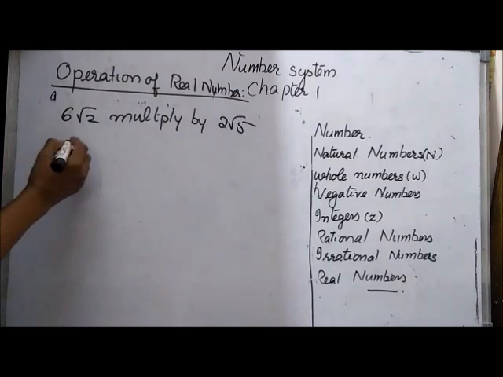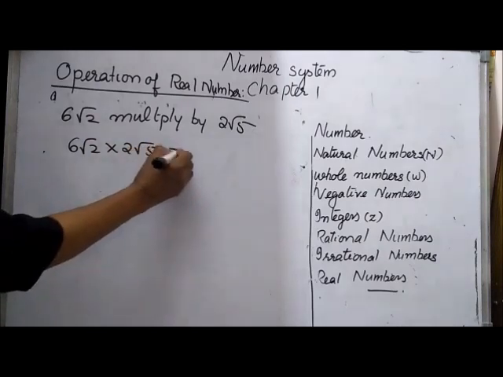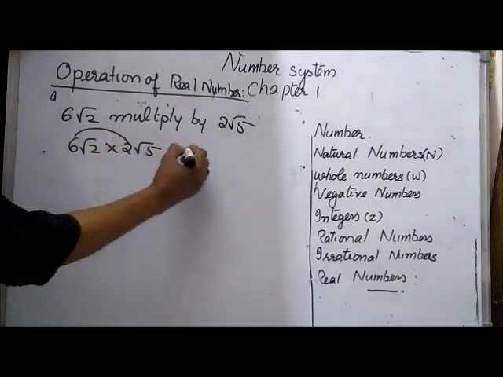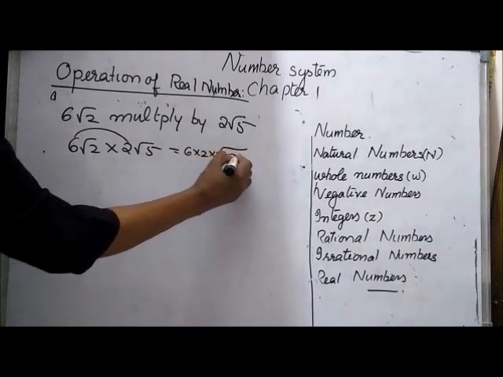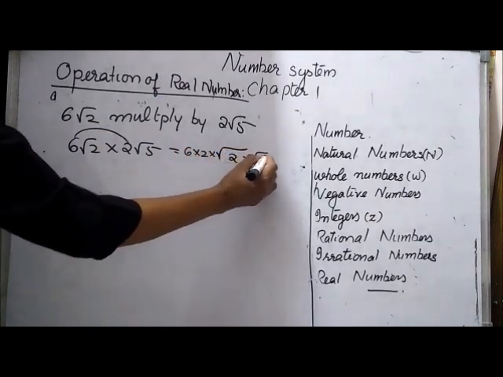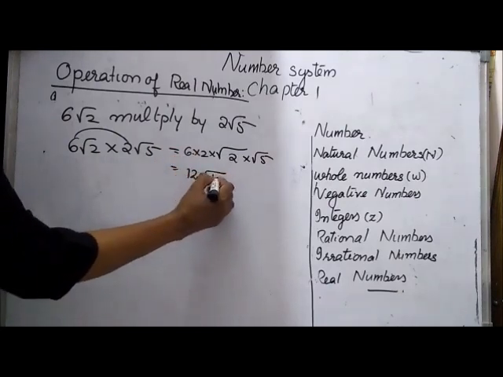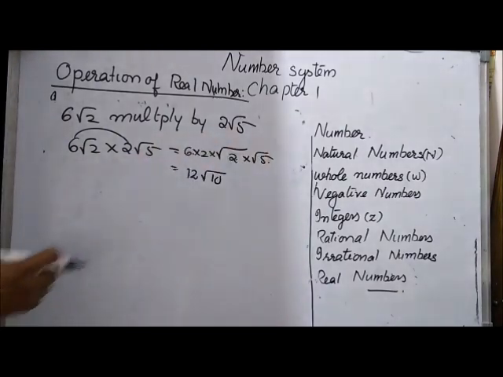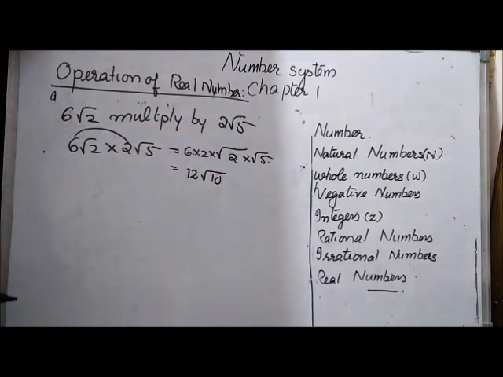How will we multiply here? 6 root 2 into 2 root 5 is equal to 6 into 2 into root 2 into root 5, which is 12 root 10, because root 2 into root 5 is root 2 into 5, that is root 10.